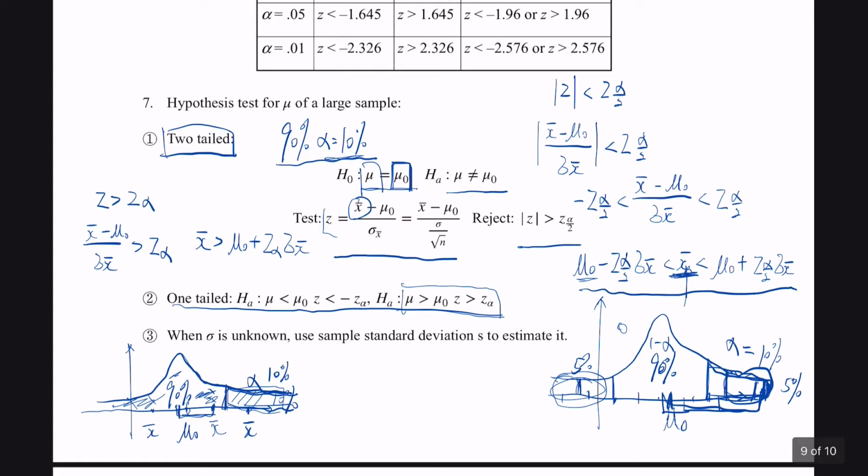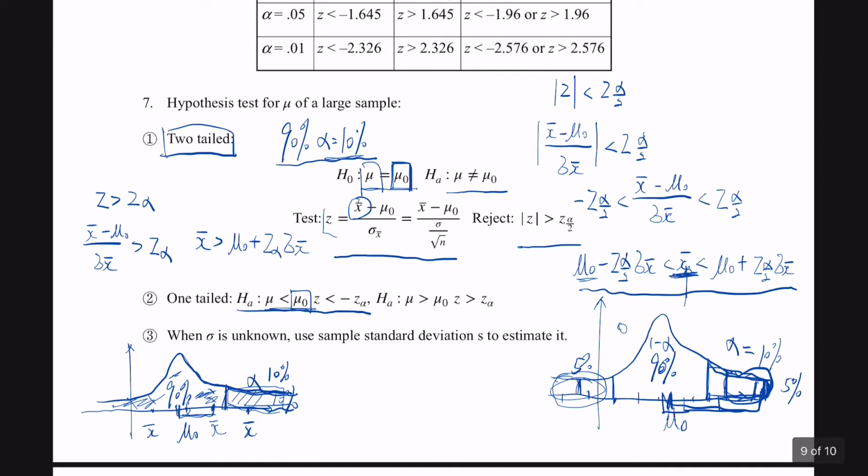All right. And another thing you need to consider is that for one-tailed testing, for example, for this one, if you rejected it, what does it mean? You reject it means that your hypothetic value is too big. It should be smaller.